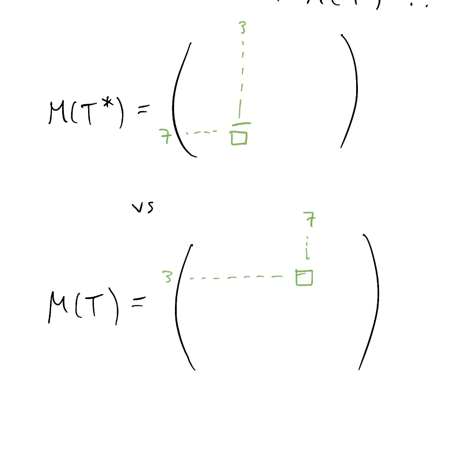So you just flip rows and columns and conjugate everything. And that's how you get from the matrix for T to the matrix for T star.